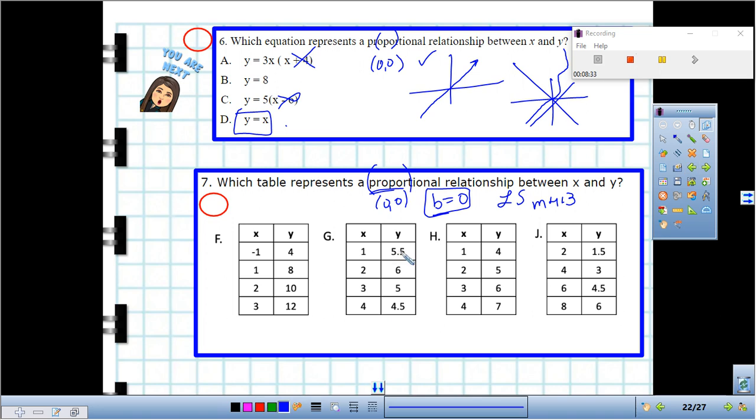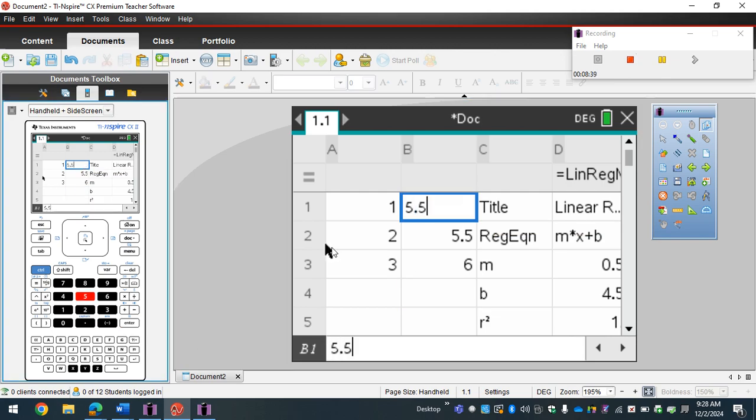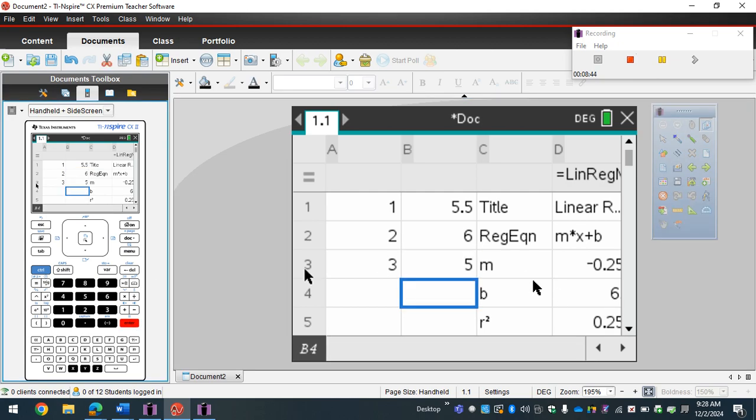Oh no, 5.5, 6, and 5. Really weird. So no, that's not going to work at all. 5.5, 6, and 5. So let's go back and check the next one.